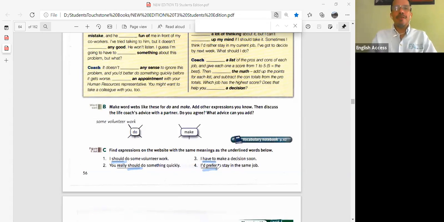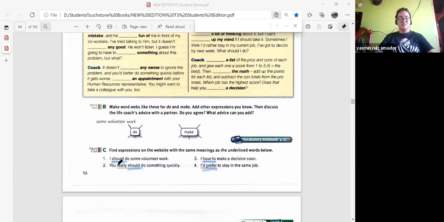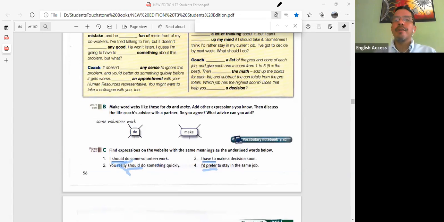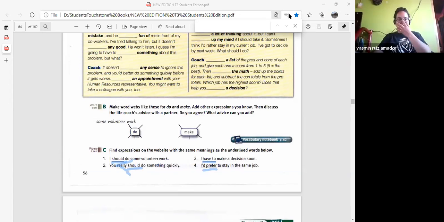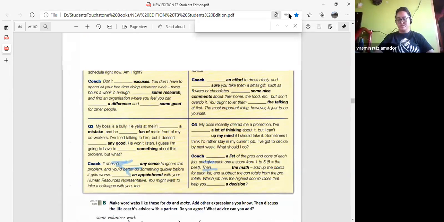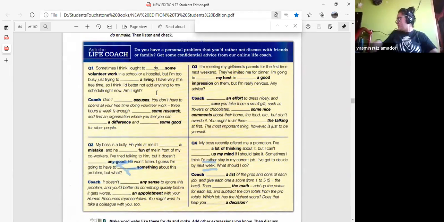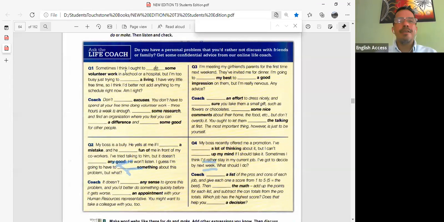Okay, find expressions on the website with the same meaning as the underlined words below. Same meaning. When they say, I should do some volunteer work, for example, you have it here.